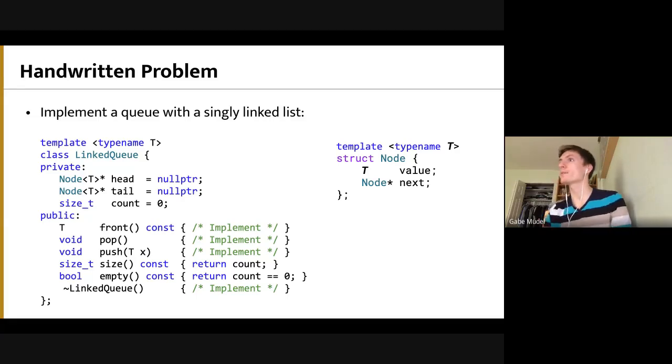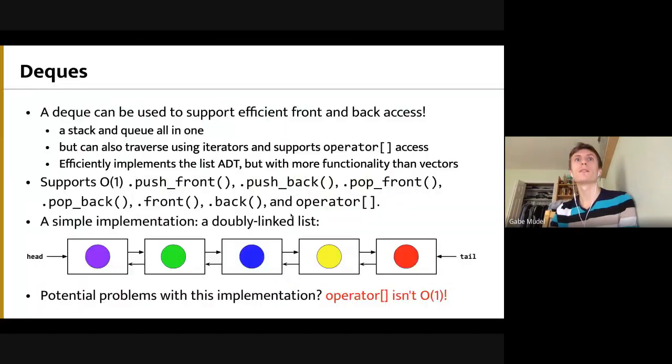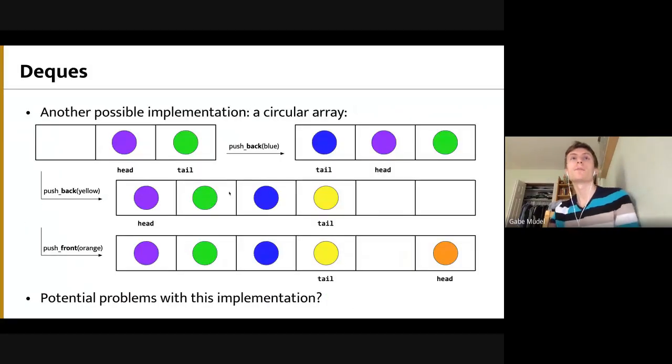Shulin, you want me to re-explain the pointer invalidation and the circular array? Okay. Where were we? Here. Okay. So, Shulin, if we have a pointer to this green element, right?